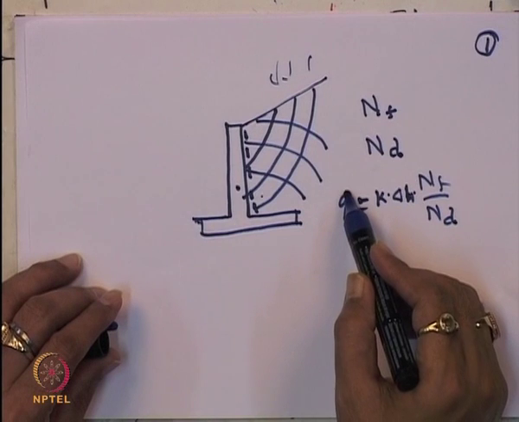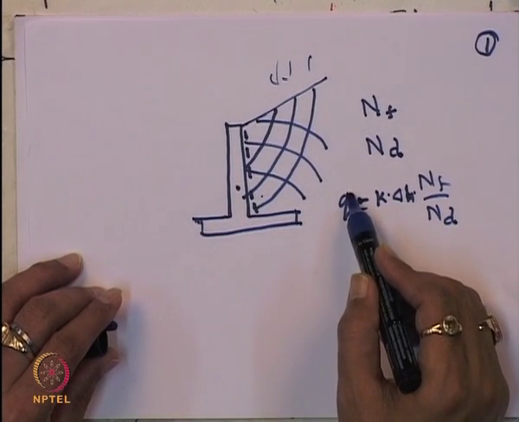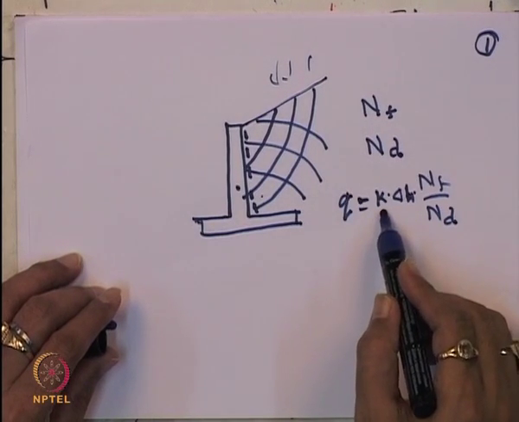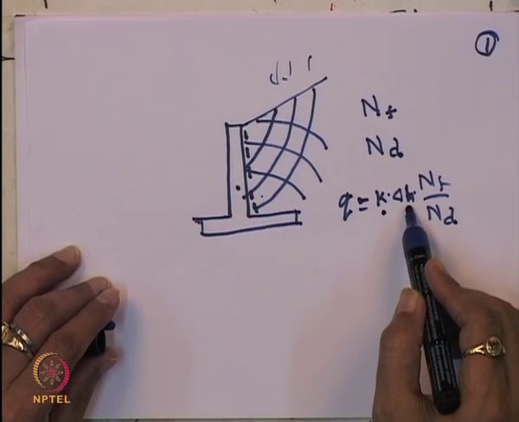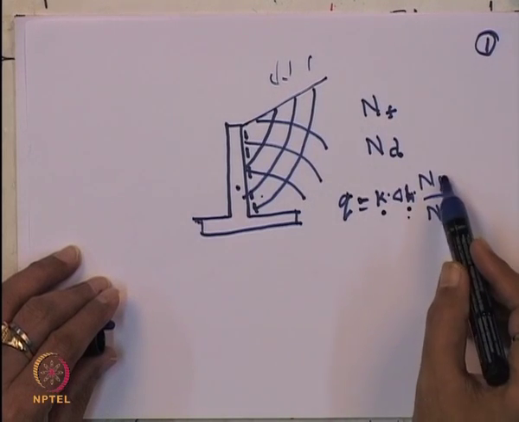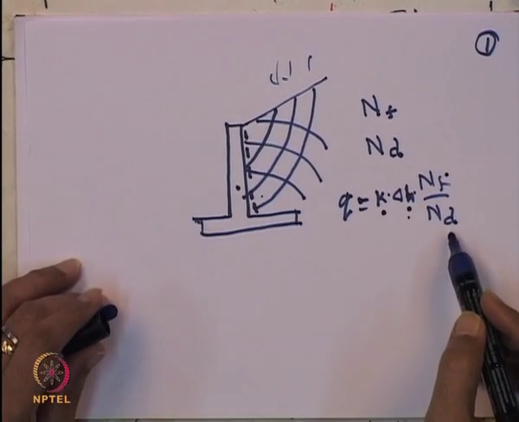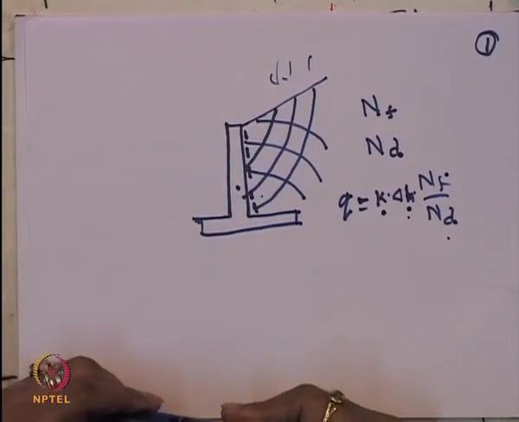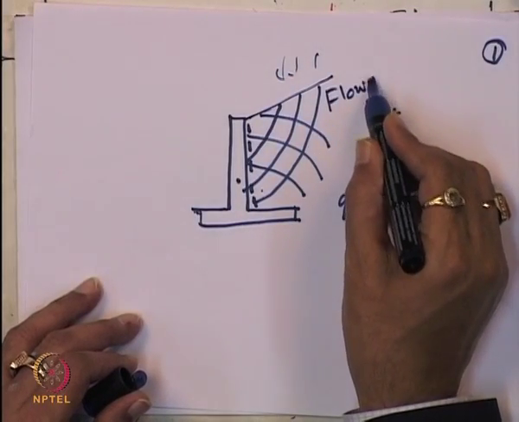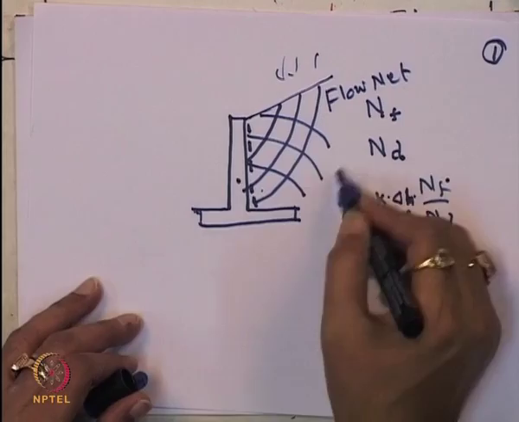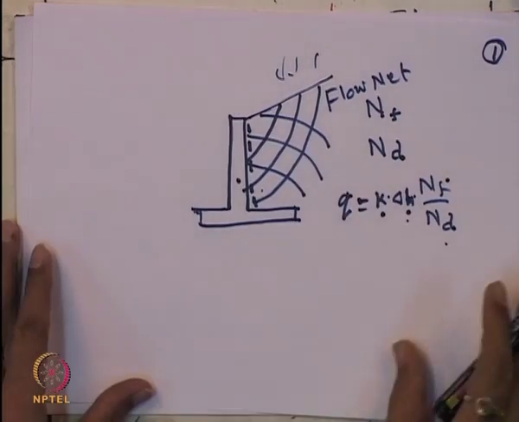Here Q is equal to flow rate, that is meter cube per second per meter, K is coefficient of permeability of the soil in meter per second, delta H is head loss in meter, NF is the number of flow lines and ND is the number of potential lines. So, from this flow net diagram, you can calculate the quantity of water that can pass through.